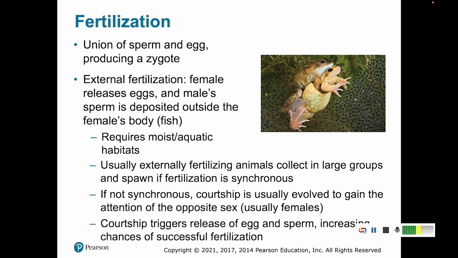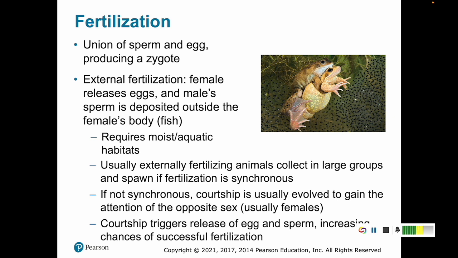Usually you'll see something like spawning when a lot of externally fertilizing animals collect together in large groups and release their eggs synchronously. If they're not synchronous, courtship might be involved. So courtship probably evolved in these frogs to bring them together so that the female lays her eggs and the male is there to fertilize them, without them just being left, and may or may not be fertilized.